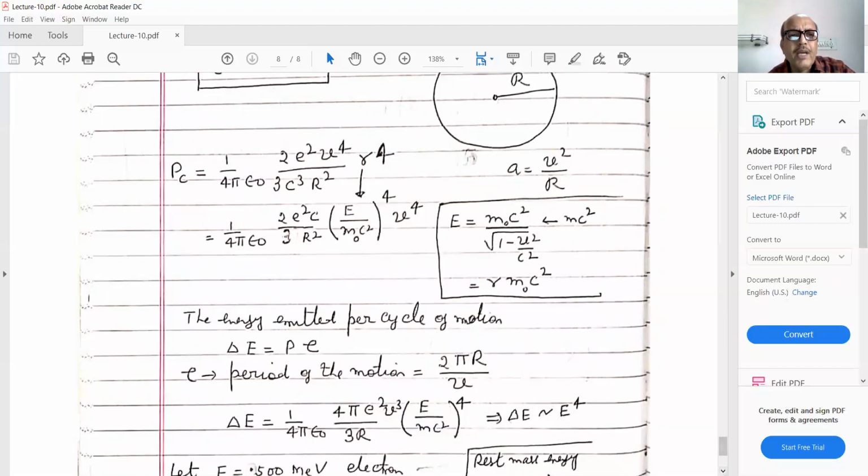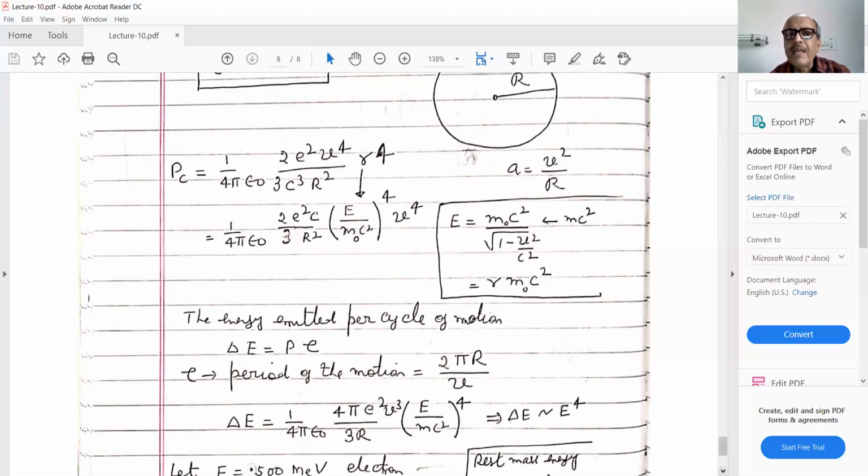So if you look at the formula, delta E, the energy emitted per cycle of the motion, is given by 1 upon 4 pi epsilon 0, 4 pi e square B cube upon 3R into E upon m0 c square to the power of 4. So the important result from here is that the energy emitted per cycle of the motion depends upon the energy of the particle.